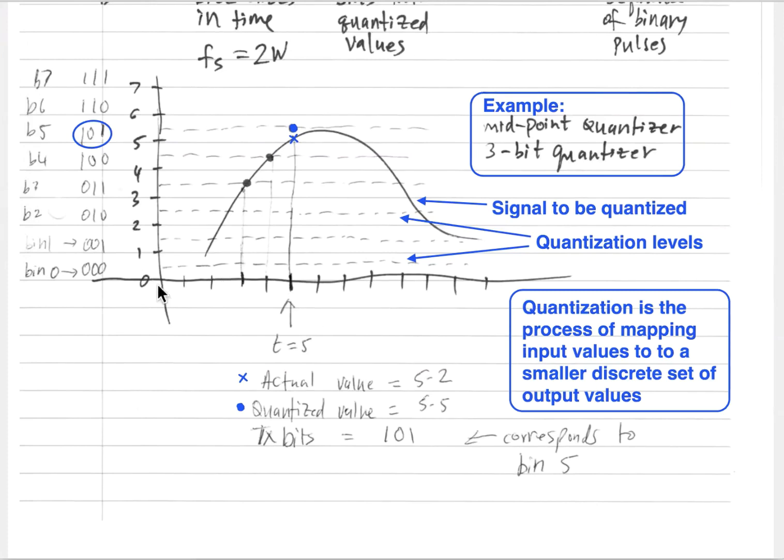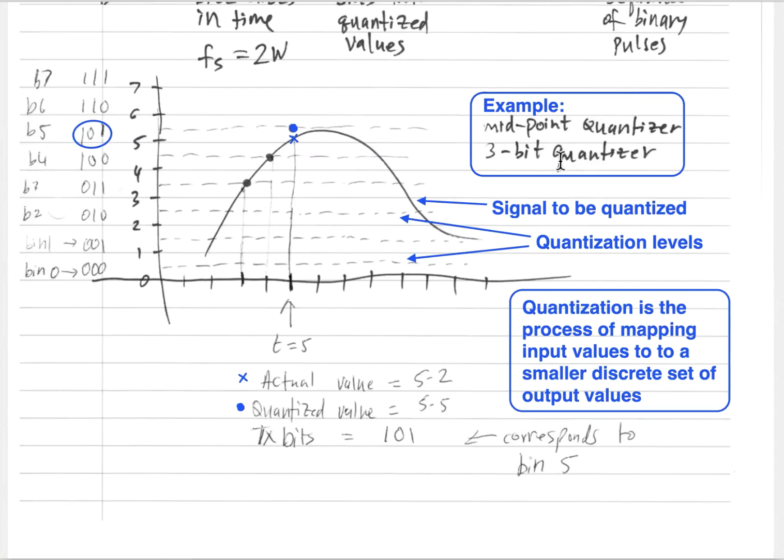In this case, I'm going to take my range and convert it into bins. For example, 0 to 1 is a bin, 1 to 2 is a bin, 2 to 3 is a bin. And any signal that falls in this range, let's say between 1 and 2, will be represented by some value, which is the quantized value.